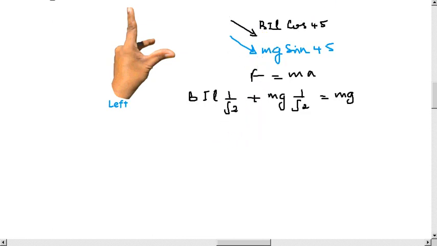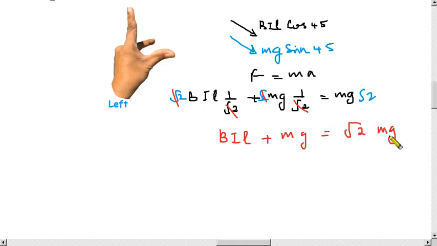So we can multiply by root 2 and cancel, then we get BIL plus mg equals root 2 times mg.